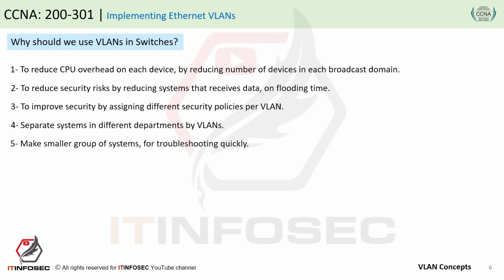Number 5, make a smaller group of systems for troubleshooting quickly. Imagine you start work in a day and you find that one computer cannot be connected to other computers. If you have one network with many computers and many switches, it is very hard to troubleshoot and find the problem.